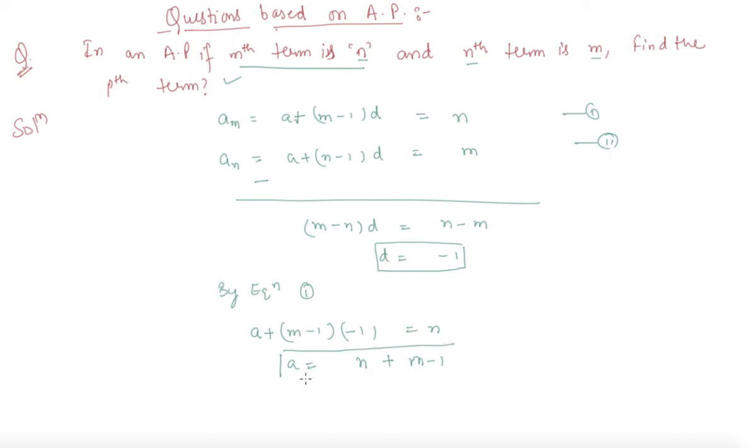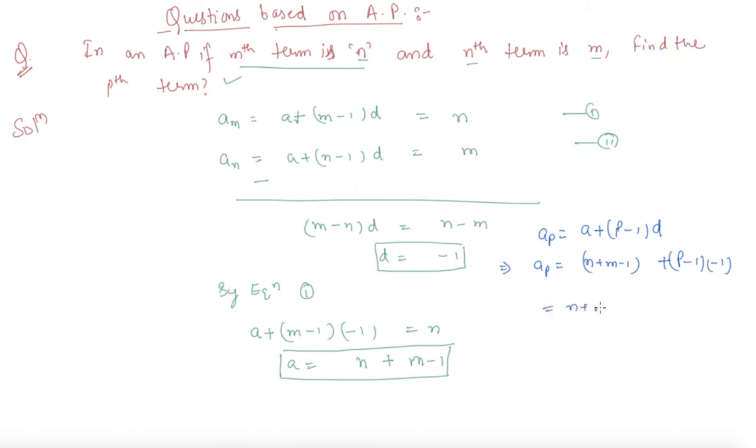Once we have the values of a and d, we will apply the formula for the pth term, which is a plus p minus 1 times d. So I will put the value of a, which is n plus m minus 1, plus p minus 1 times minus 1, because d has the value minus 1.